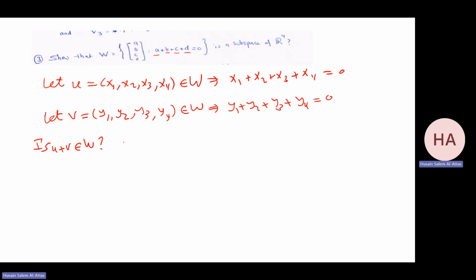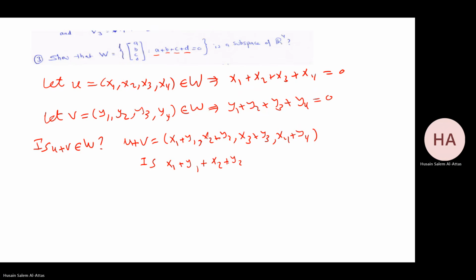To do that, U plus V will be x1 plus y1, x2 plus y2, x3 plus y3, x4 plus y4. If I add these components, am I getting 0 or not?